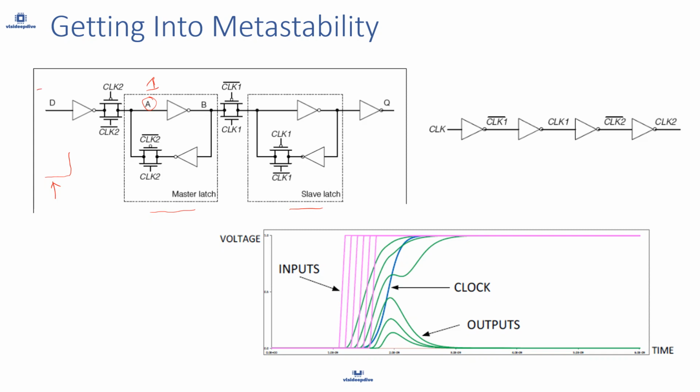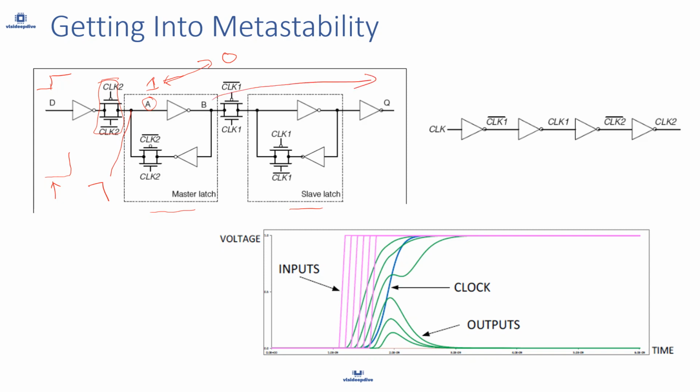So D is 0 and it is changing to 1. Since clock is low, this transmission gate is open. So this is changing from 0 to 1, which means this is changing from 1 to 0. So node A is going from 1 towards 0, while B is settling towards 1, which will then feed the output.